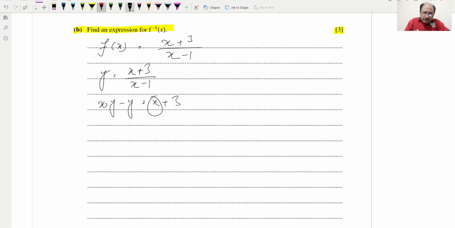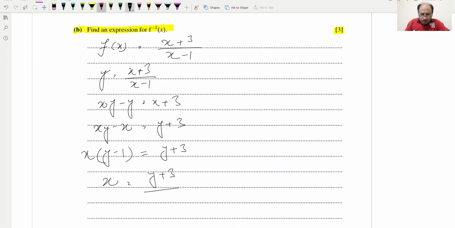Now we can shift this x to the other side, so xy minus x is equal to y plus 3. We can take x common, so inside will be y minus 1, and this will be y plus 3.